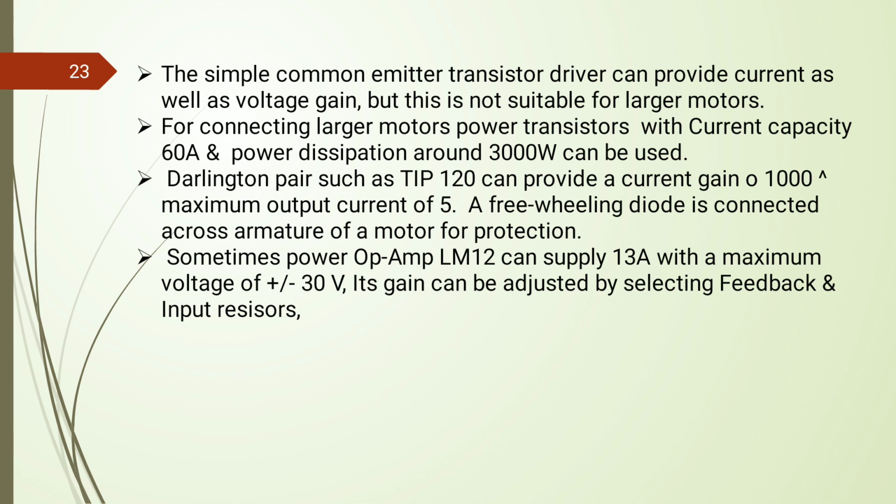The voltage gain can be adjusted by selecting the resistors connected at feedback, that is RF, and R1, the input resistor. By variation in the ratio of RF and R1, we can adjust the gain of the op-amp, and according to that we are varying the output gain of the op-amp.